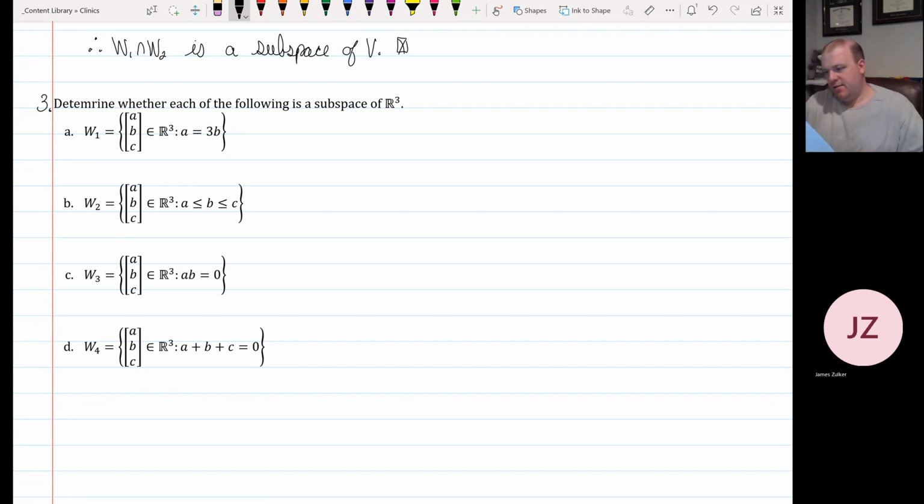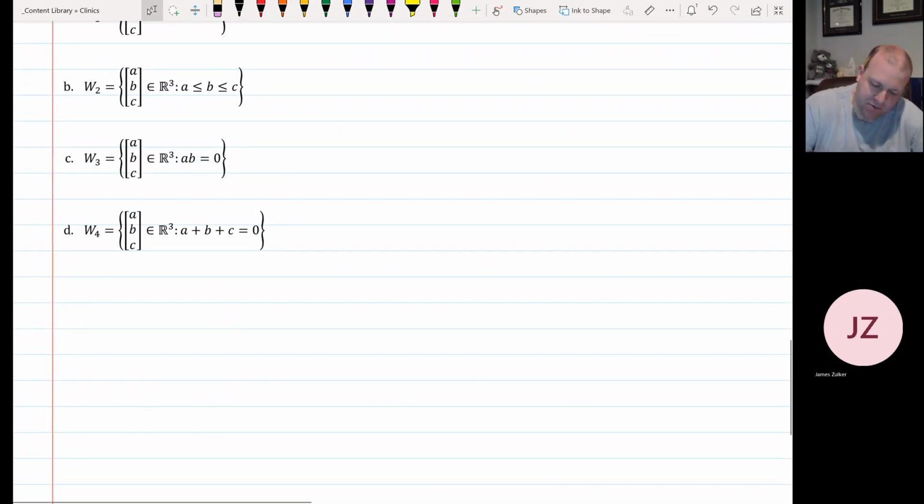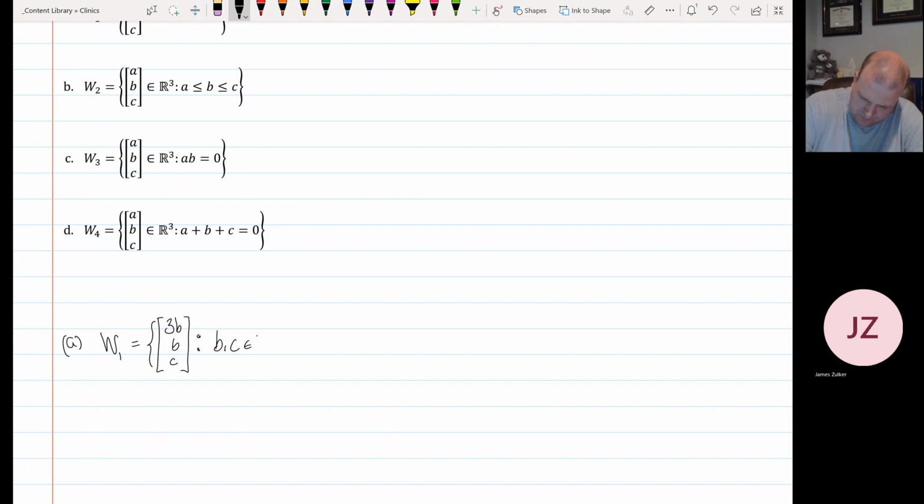So W1 is the set of all vectors (A, B, C) such that A is 3 times B. So how we can rewrite W1 is this way. So we have to decide if this is a subspace.